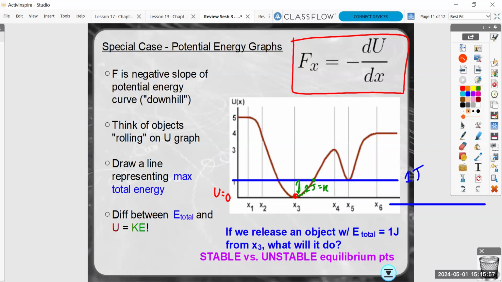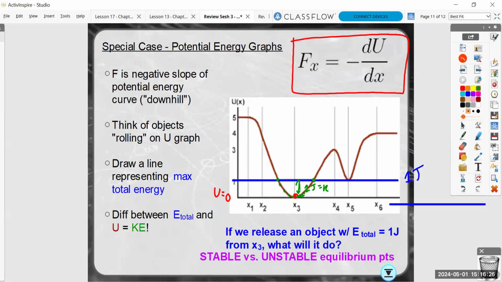Yeah, where the total energy and the potential energy cross. Why there? Well, if all of my energy is potential energy, then I don't have any kinetic left, right? So my object's going to go up, it's going to stop, and then it's going to fall back down, and then it's going to stop, and it'll just keep bouncing back and forth.